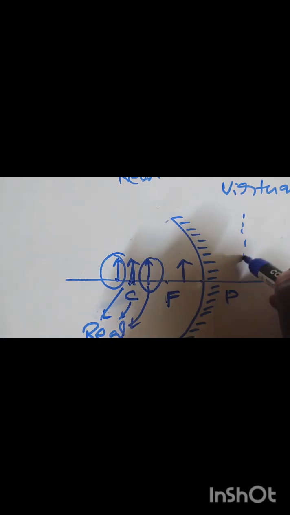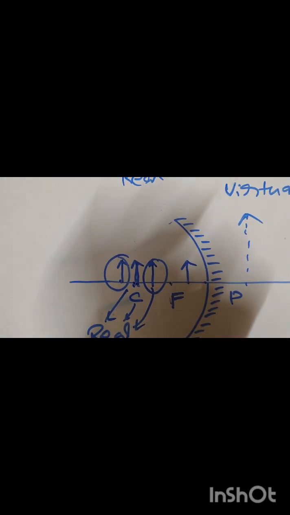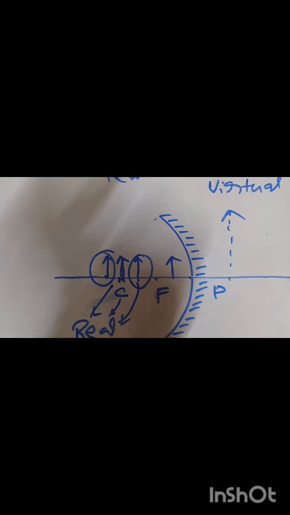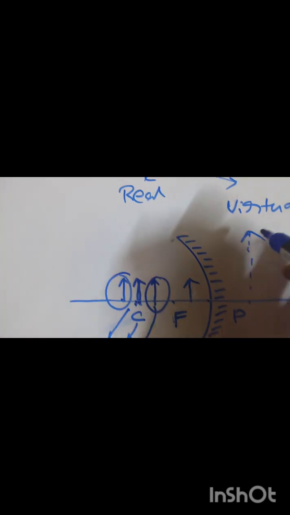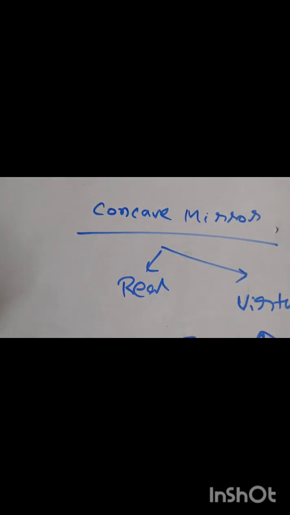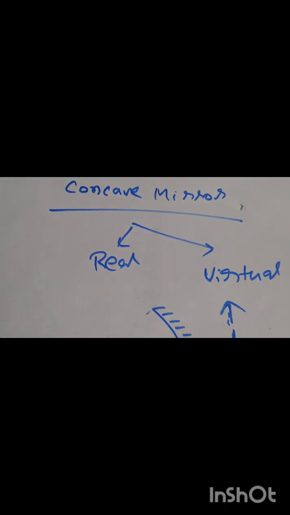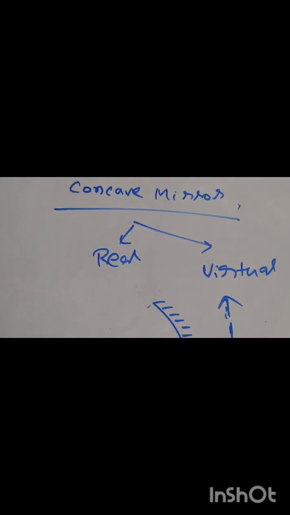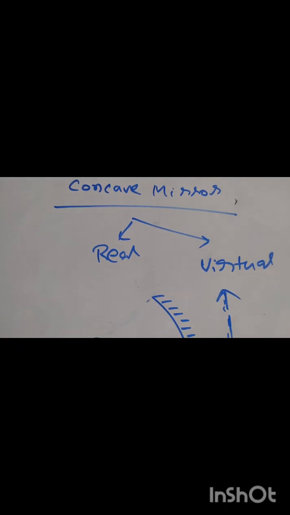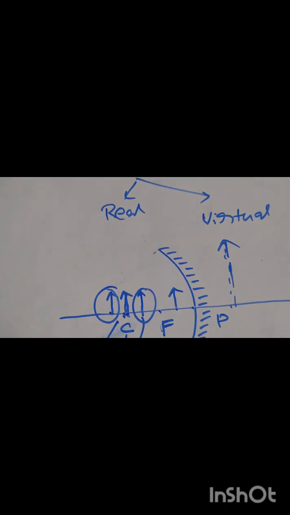We know that the concave mirror will produce a virtual and enlarged image. That means the first statement they are mentioning, that a concave mirror will produce both real and virtual image, is itself true.